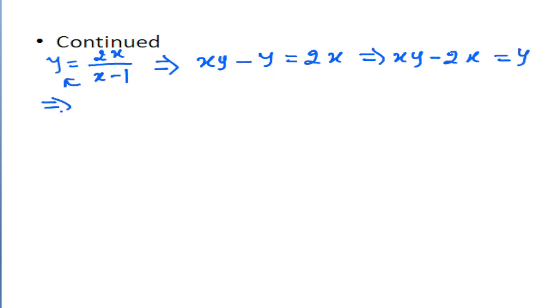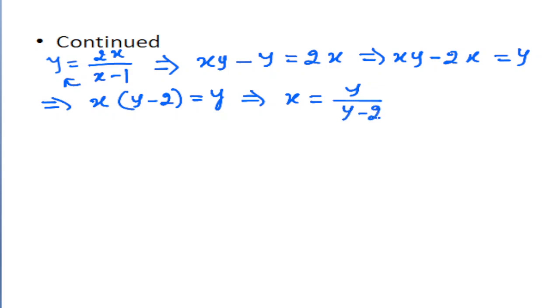Now here take x common in the left hand side. What will you get? Y minus 2 is equal to y. Now we got the function x is equal to y divided by y minus 2.